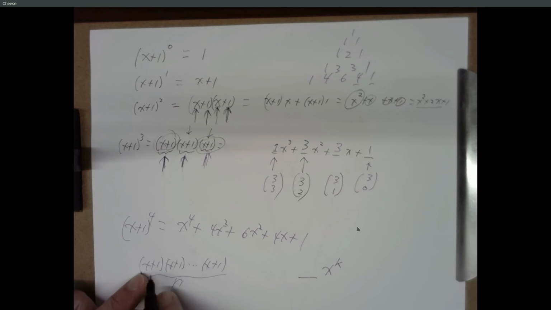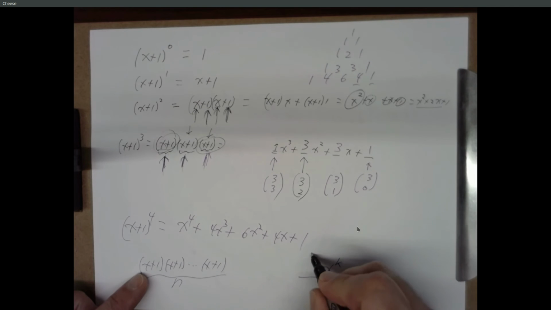And each time that we do that a different way, we're going to bump up the coefficient by 1. So what's the final coefficient? It's just n choose k.